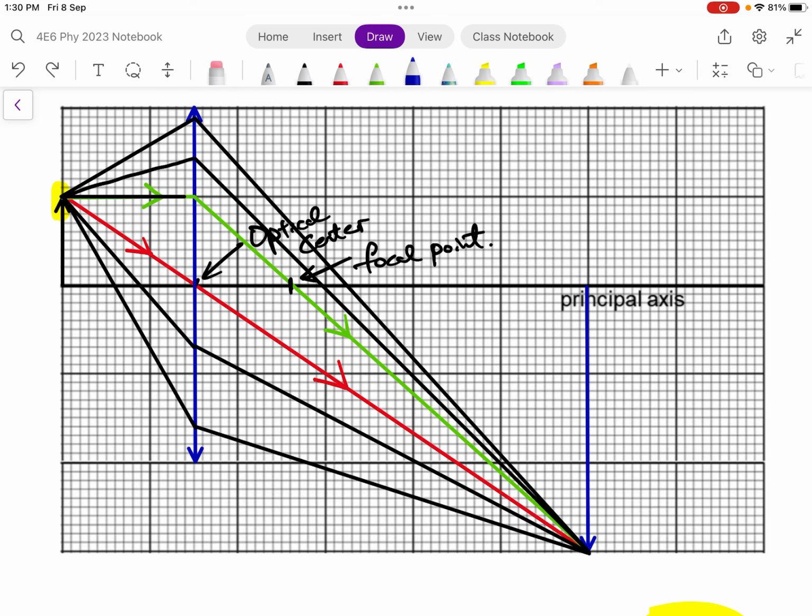And the second reason is that it is not necessary to draw them, because as long as we are able to locate the image of the tip of the object emitting light on this side, we can then construct the rest of the image from this point to the base.